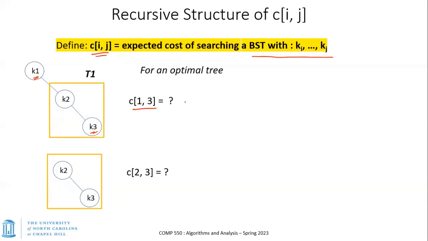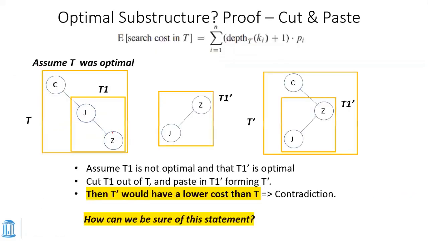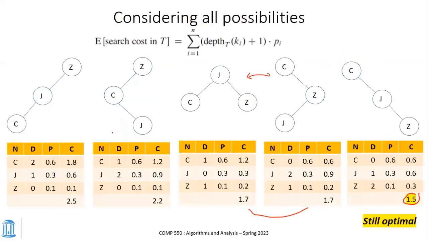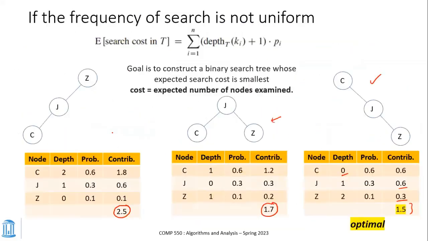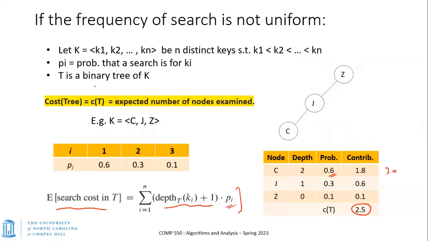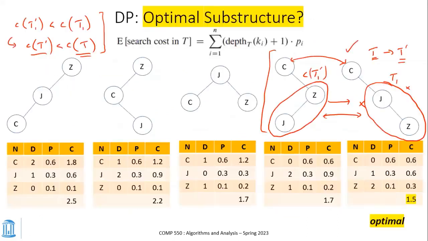So this can be represented by the probability of K1, which is P1. Each one of these has a probability P2 and P3. Remember, this is going back to this definition over here where we said that we have these probabilities Pi, the probability that a search is for Ki.